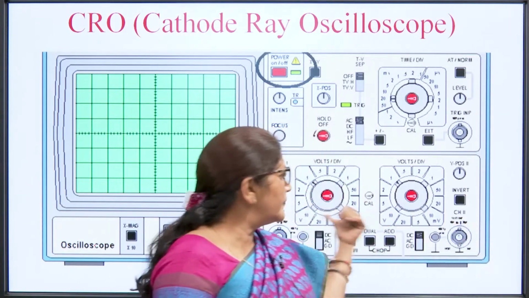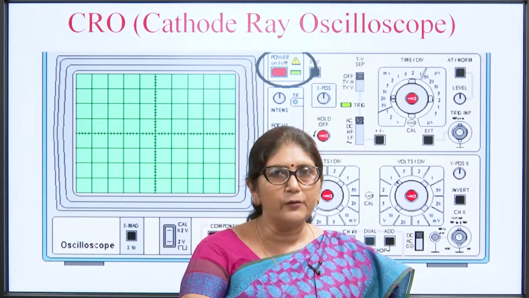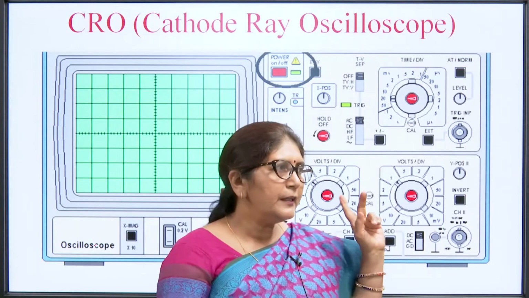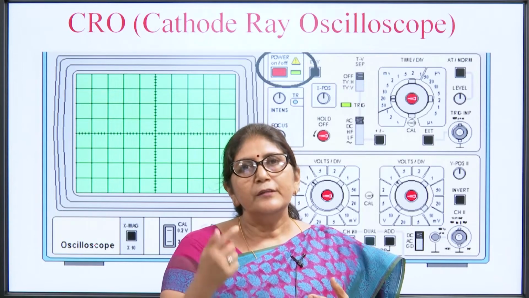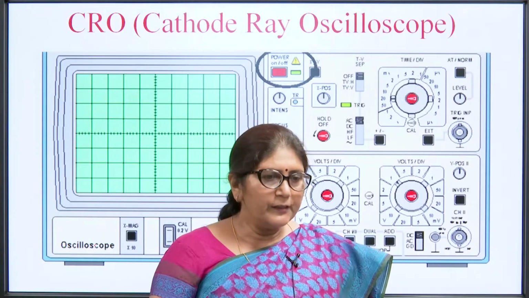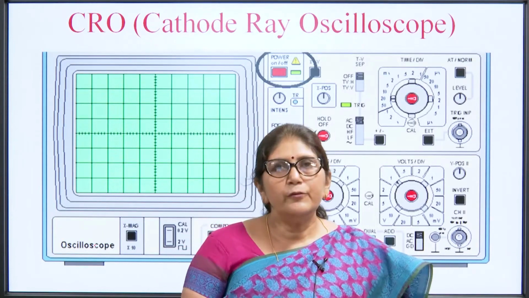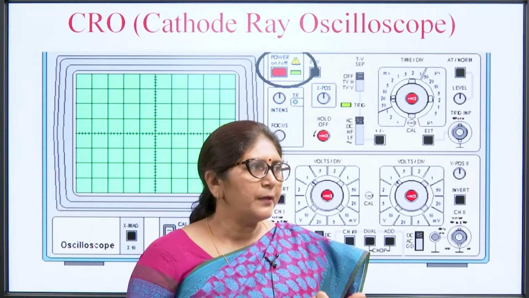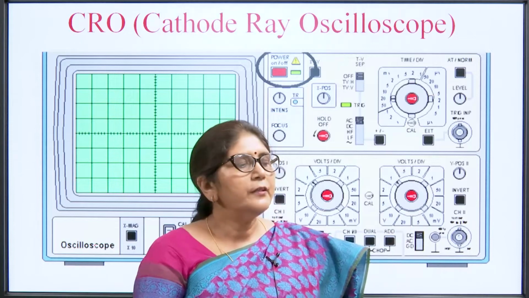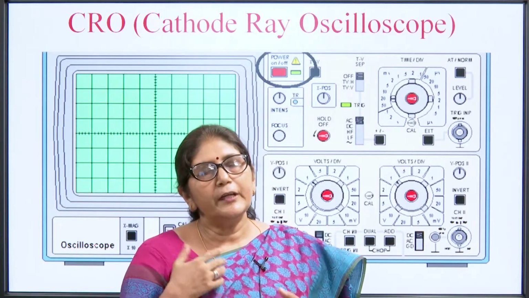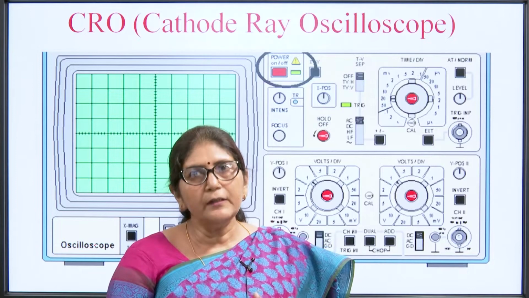This is basically a 2 channel CRO, so we can analyze 2 signals simultaneously. When we want to measure one signal, we can apply it at either channel 1 or channel 2. There are so many types of probes that we can use for the measurement of the signal.